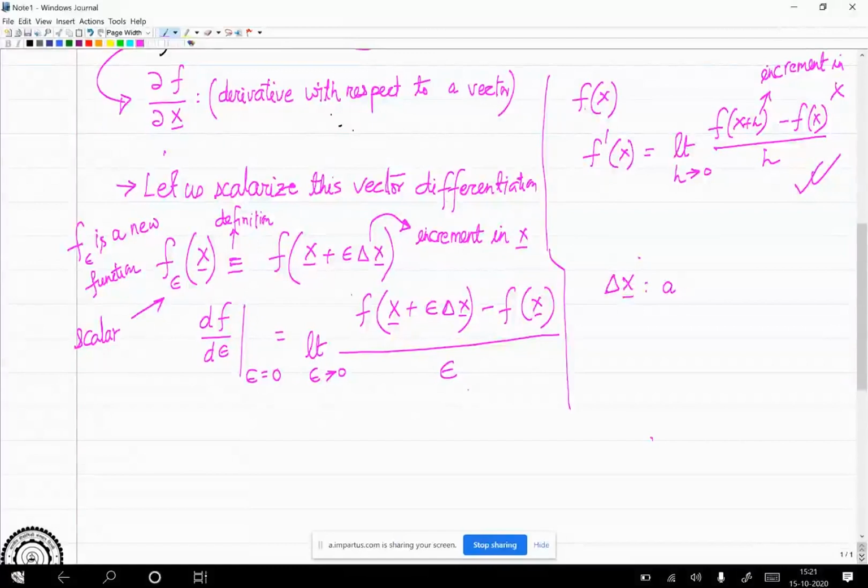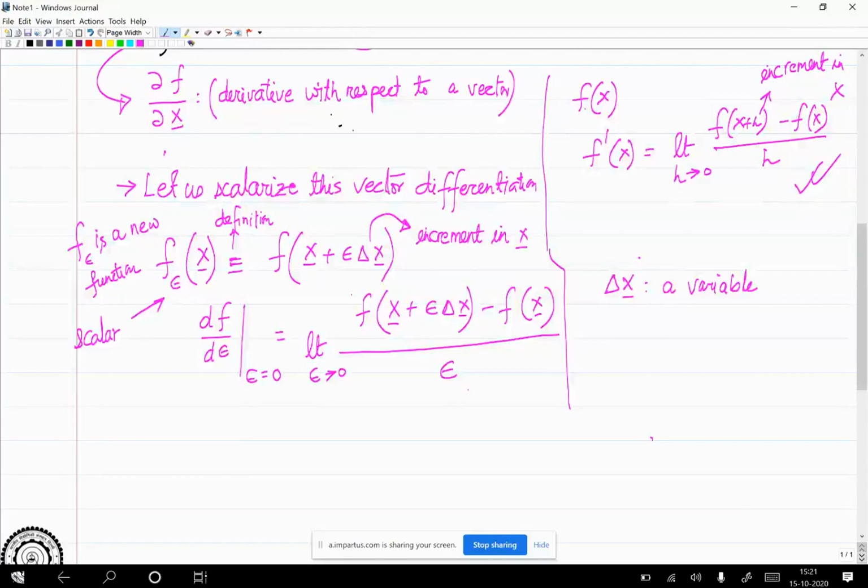Delta x is itself together a variable. Instead of delta x, I could use something else, for example, eta. Or I could say y also. But I used delta x just to give a hint that it is like an increment in x.